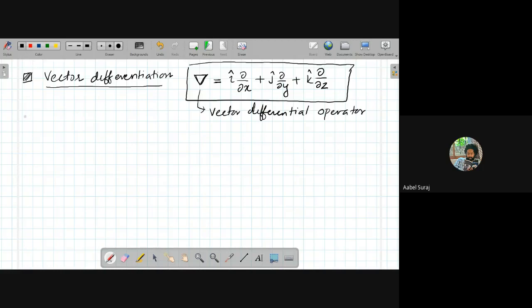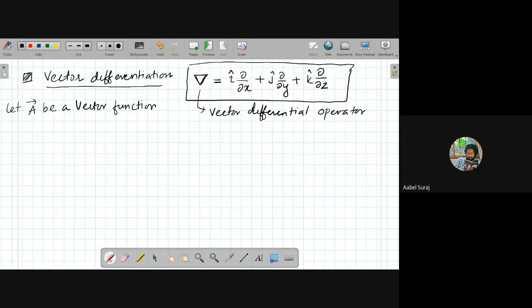First one, we have del dot A. Let's define A as, let A vector be a vector function.